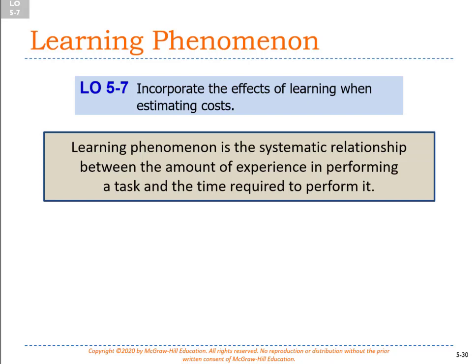For instance, if you're looking at labor costs per unit of something, when someone is just learning it, or it's a new product or something like that, there's going to be a high cost per unit because they're going to spend more hours. And then as they get better at it, they are going to be able to do it faster. And so your cost per unit is going to go down.